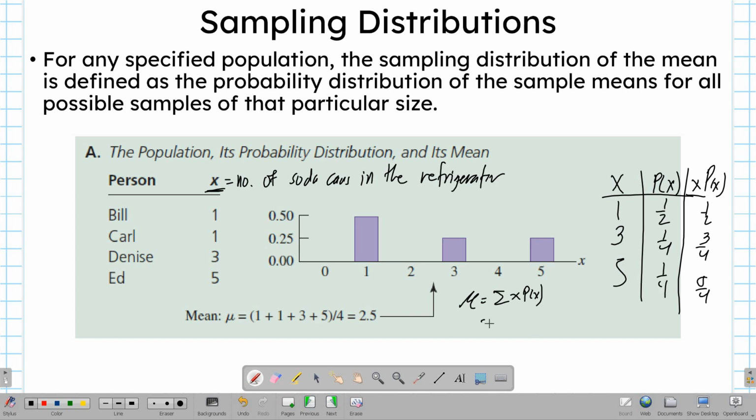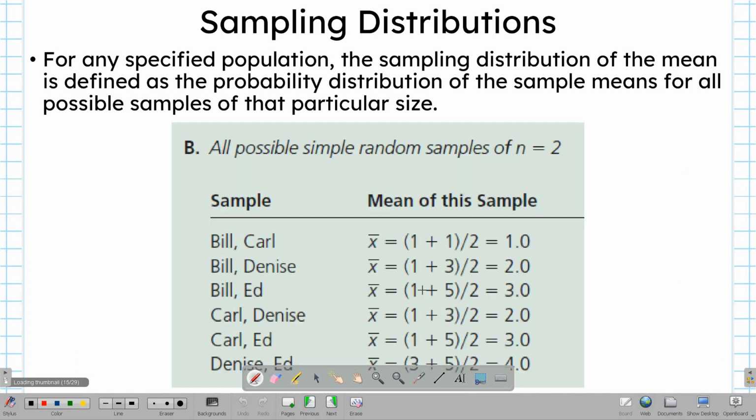Hence, we get 1/2 plus 3/4 plus 5/4, which is 5/2, or 2.5, as stated here. So when we're talking of populations, we get an expected value of 2.5 soda cans in our population.